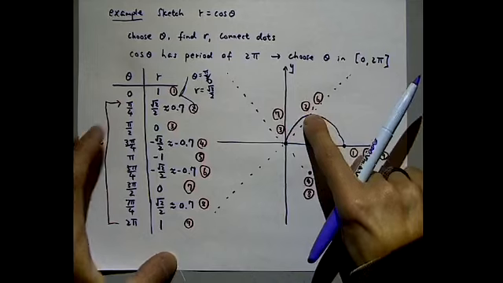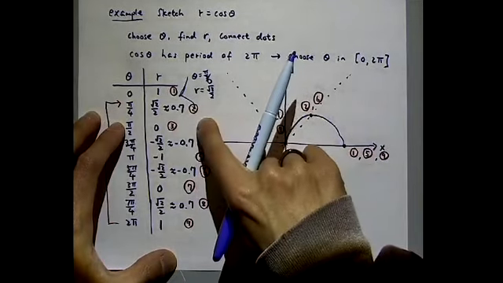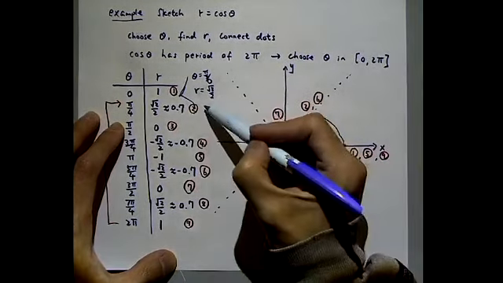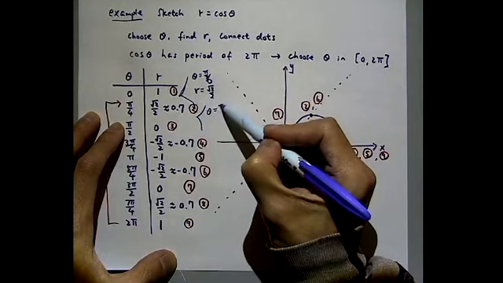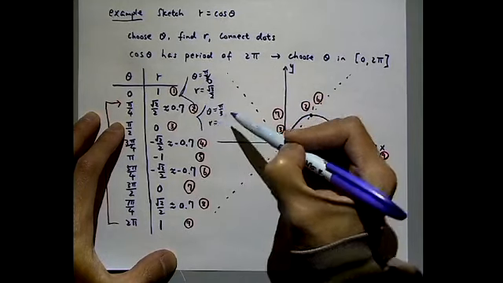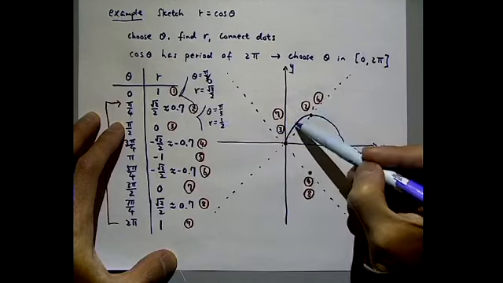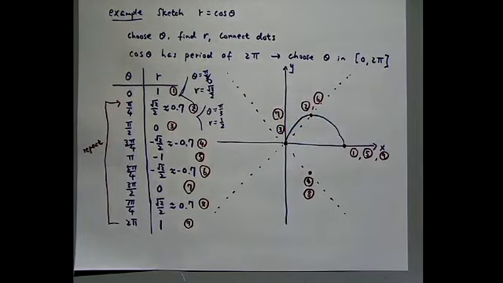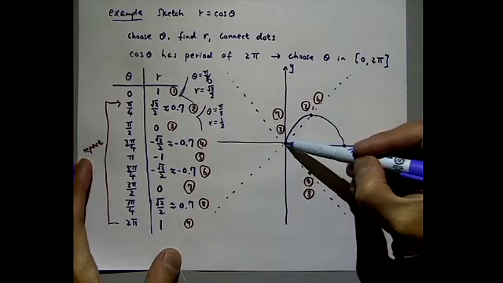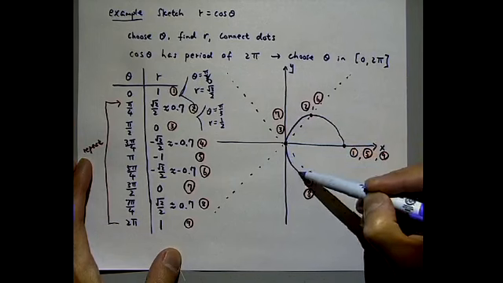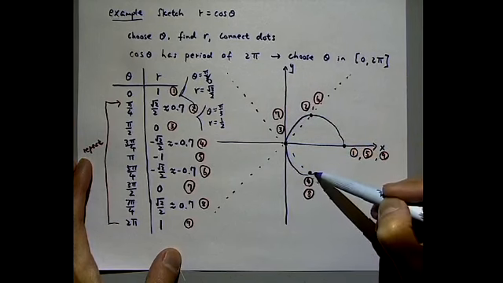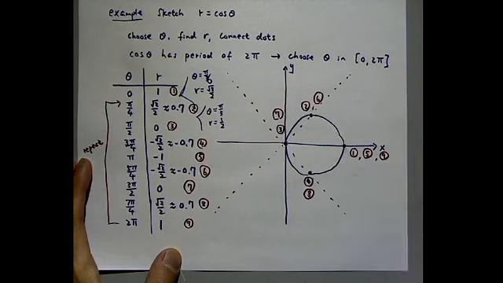Same thing here between 2 and 3. Insert another value, say pi over 3, and that's going to give you r of 1/2. So it gives you this arc shape. So the idea here is to pick a few and then insert theta values in between if needed to fill in the missing details. So it ends up going like that.